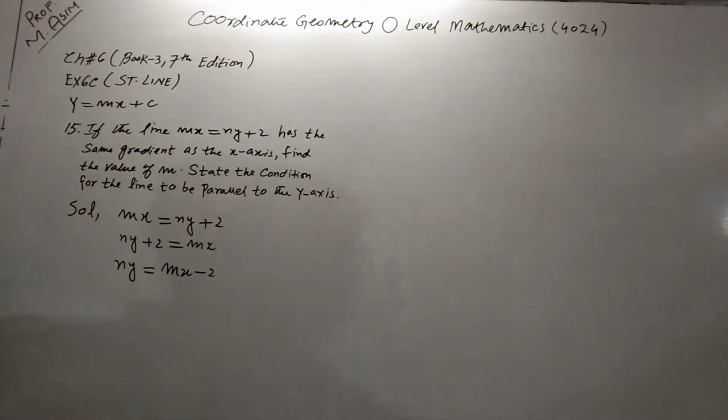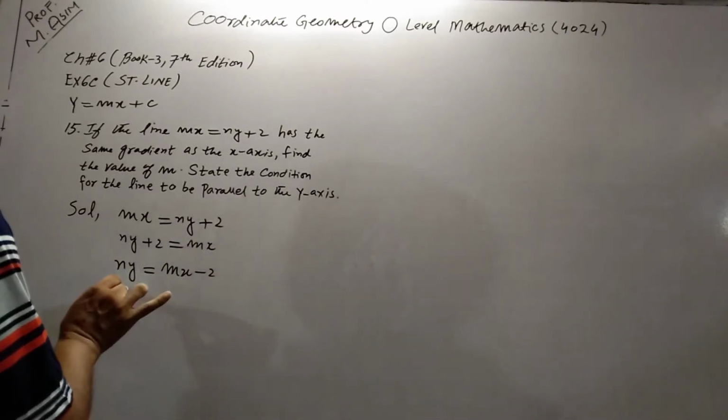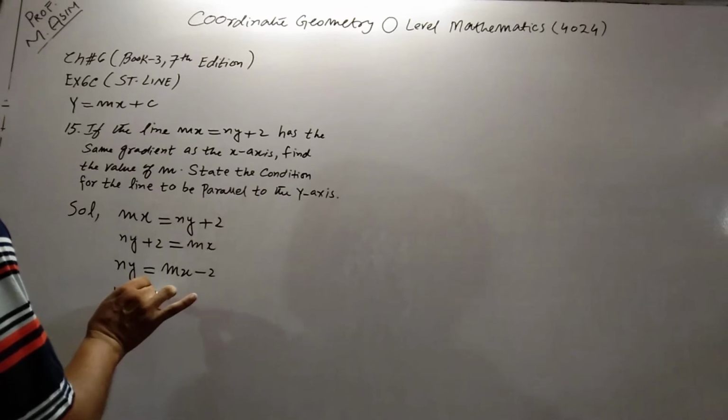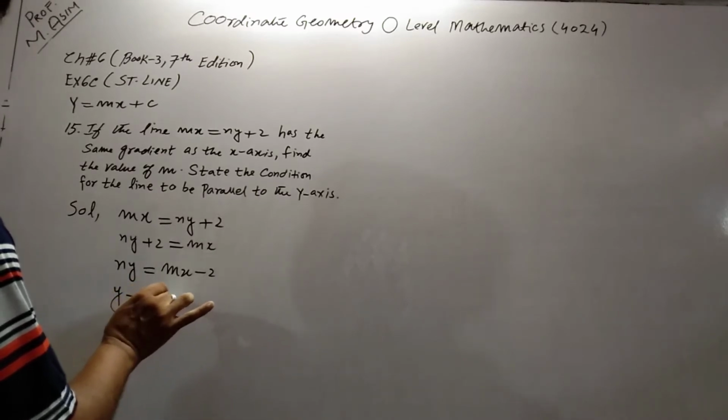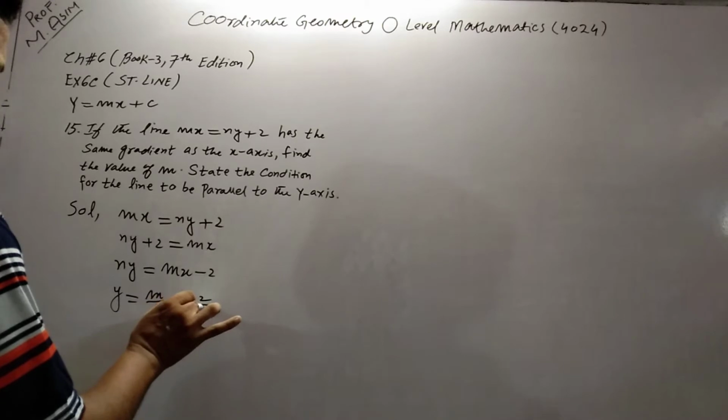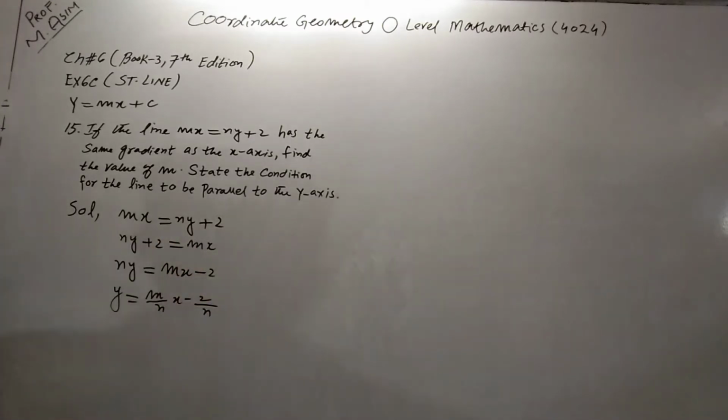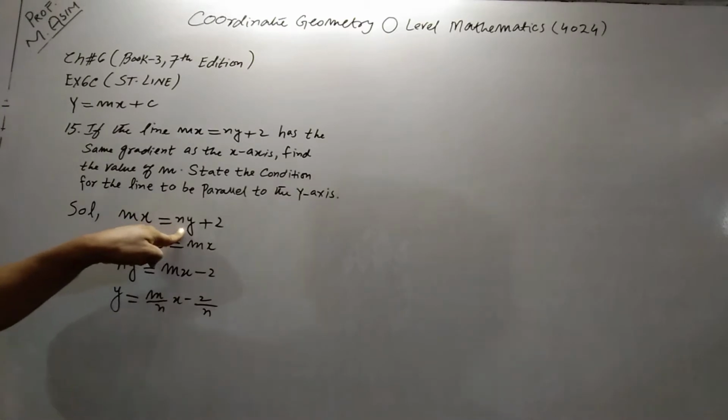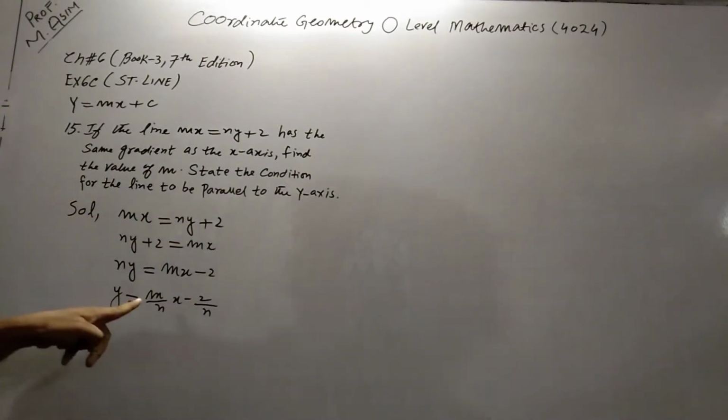This n is multiplied over here, so it should divide on the other side. So you can write y = (m/n)x - 2/n. Now our given equation is completely transformed into the standard form of the equation of a straight line.